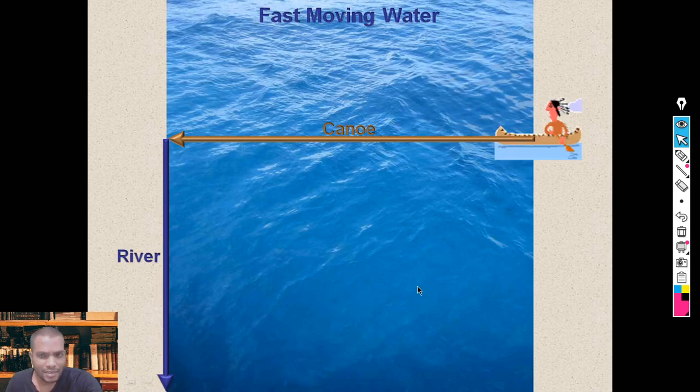Now let us understand what happens if the water moves fast. Here you can see the magnitude of the river water velocity is very big. Now if you want to row straight, will you reach the straight destination?